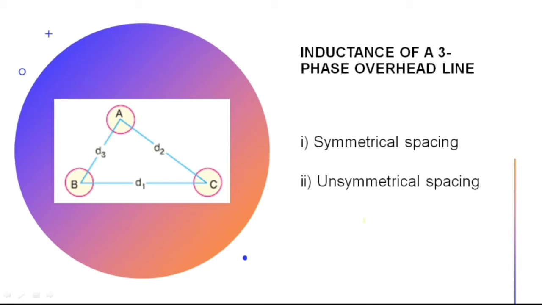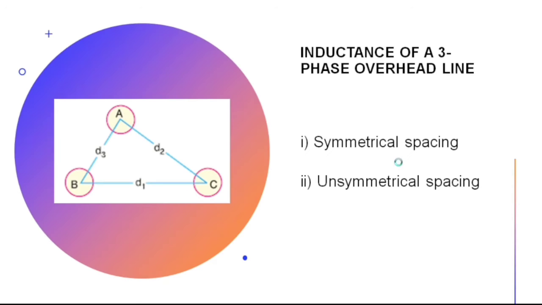Symmetrical spacing means the three conductors, or overhead transmission lines A, B, C, are equally spaced. That means D3 is equal to D1 is equal to D2 is equal to D. All the spacings are the same length. That position is called symmetrical spacing.